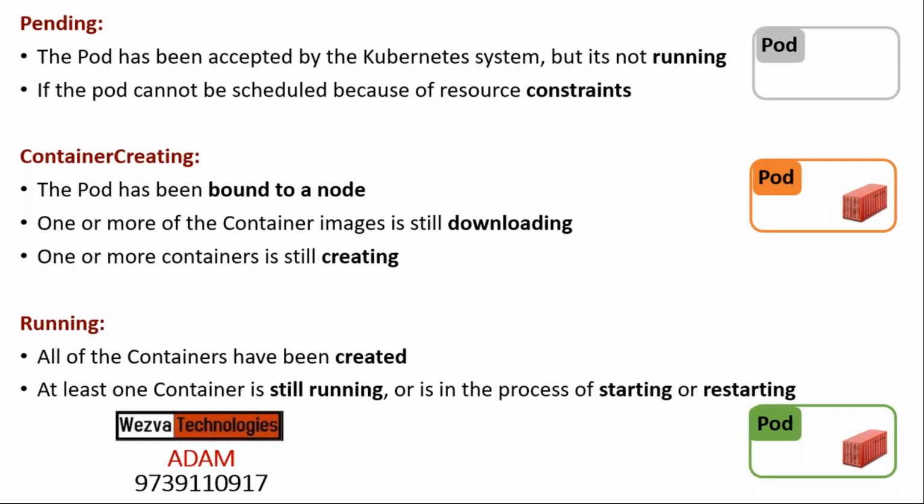Only when the pod is assigned to a machine will the container inside it get started. So if a pod is not assigned to a machine, then the state of the pod when you run kubectl apply will be a state called pending.